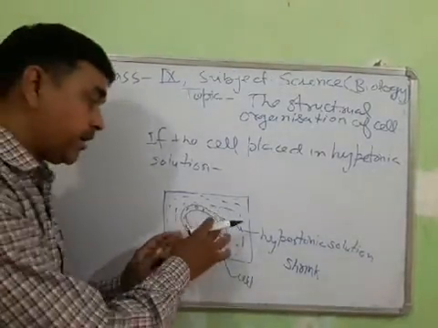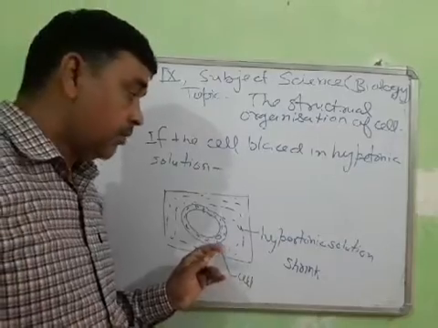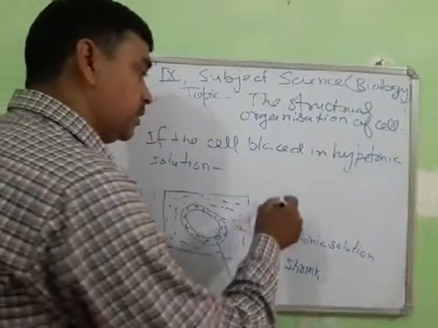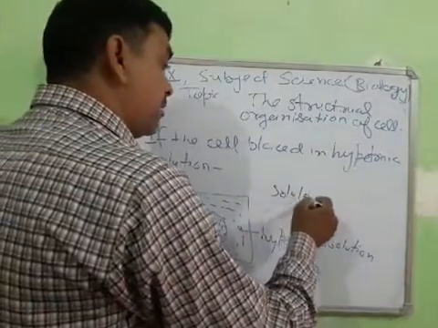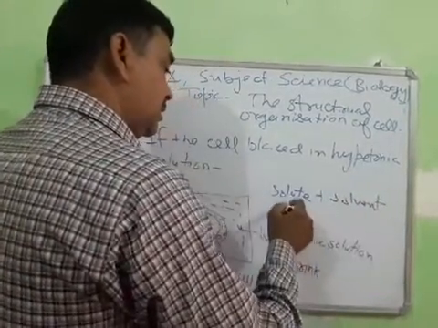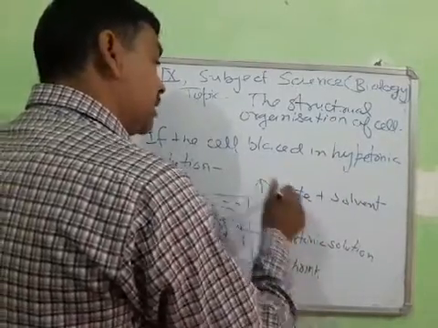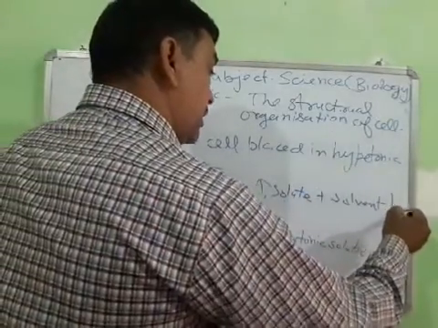The amount of water inside the cell is higher, because in the hypertonic solution the solute particles are more than the solvent particles. The solute is higher, and the solvent is very less.